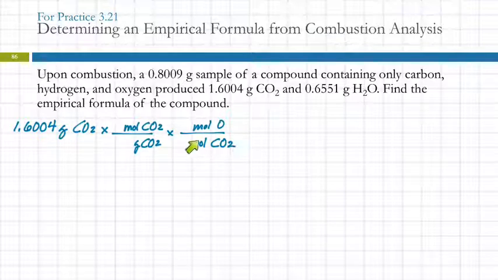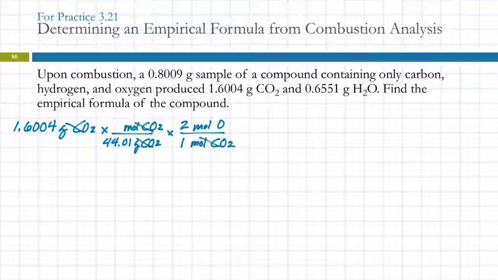How many moles of oxygen are in 1 mole of CO2? 2. 2 moles of oxygen per 1 mole of CO2. And we can calculate the molar mass of oxygen. And we see how our units cancel out. And I get moles of oxygen. And then we can convert that to grams of oxygen.